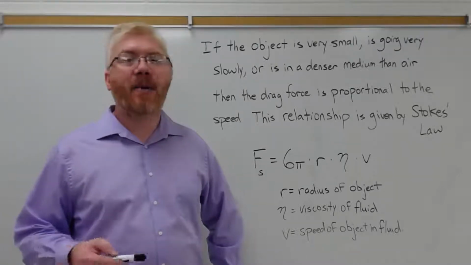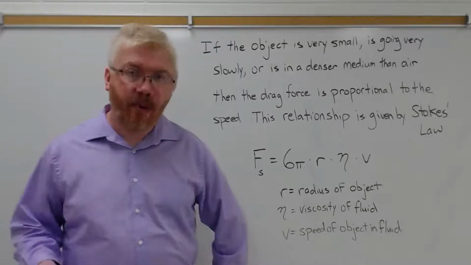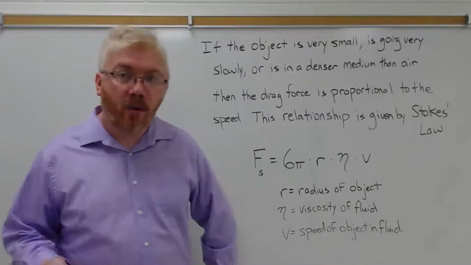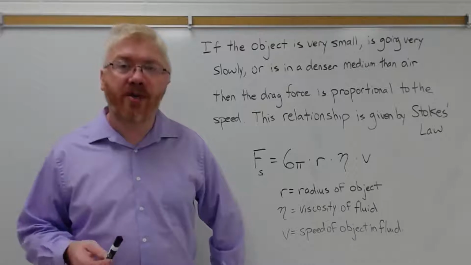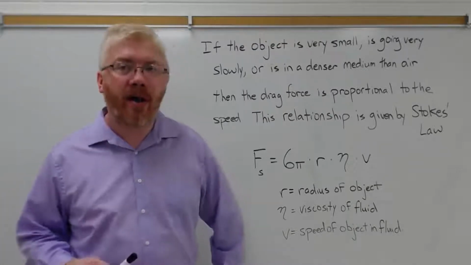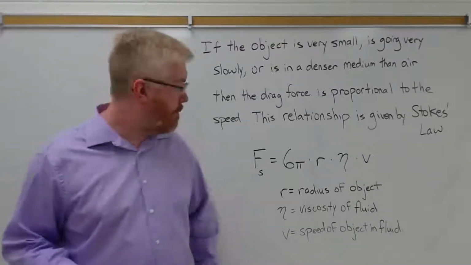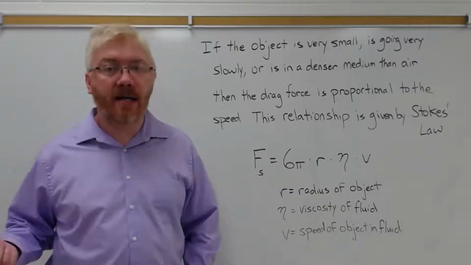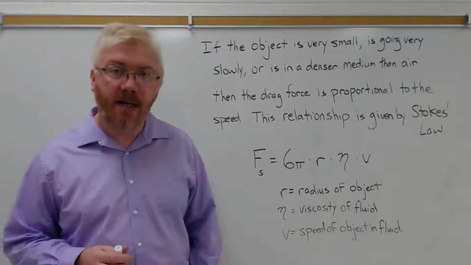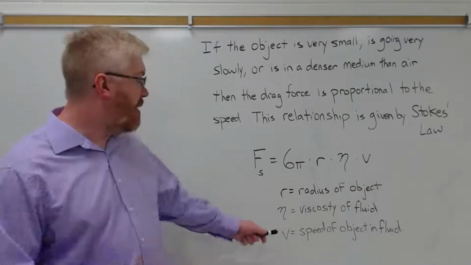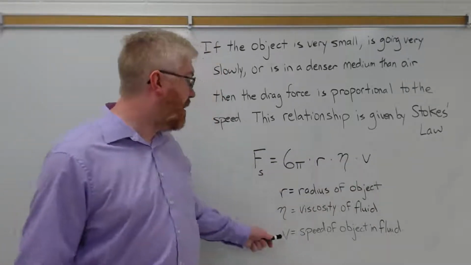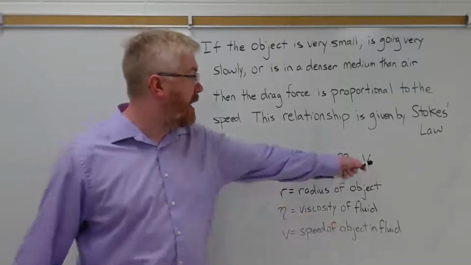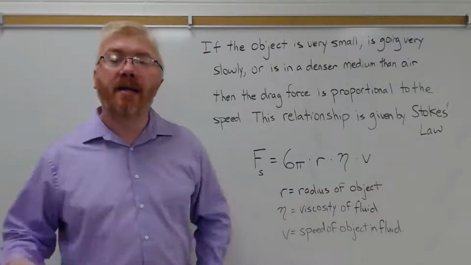Viscosity is just basically how easy it is to flow through the fluid. Oil with a low viscosity is what you want for your engine. You don't want thick oil in your engine. It would prevent your engine from running. So think of viscosity. Honey has a very high viscosity. Oil has a very low viscosity. And then finally, v here is the speed of the object in the fluid. Note that it's not squared in this equation. It's a linear dependence.